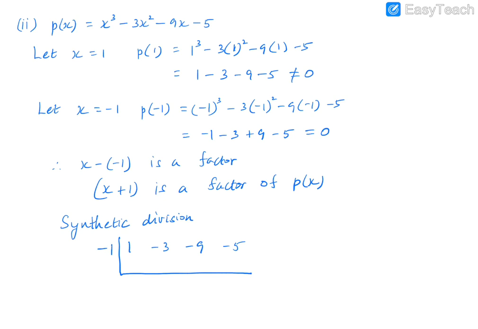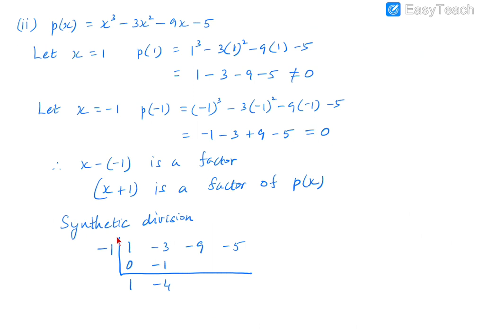As usual, for the first term, below the first term we write a 0 and add those two. 1 plus 0 is 1. Now we multiply this 1 with this minus 1 here. So 1 into minus 1 is minus 1. Now minus 3 minus 1 is minus 4.